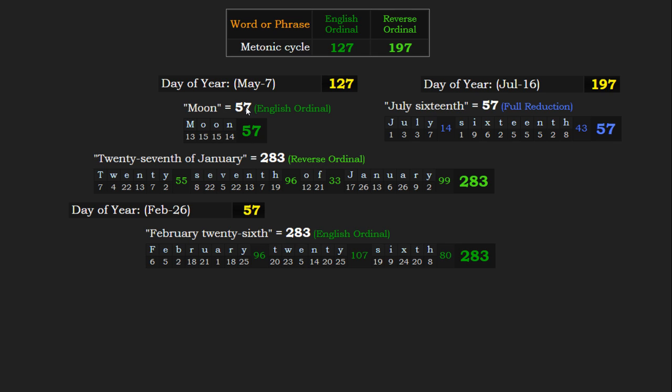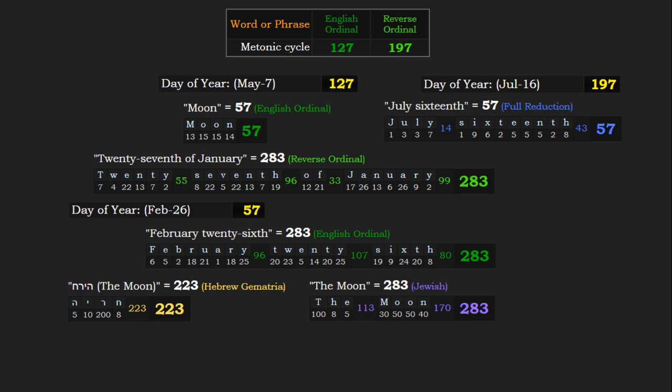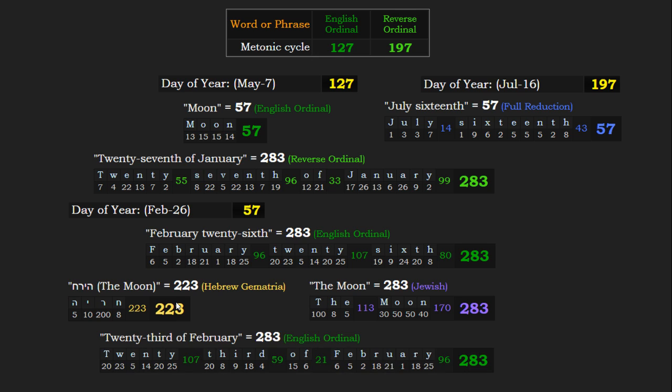Remember, moon equals 57. In Jewish gematria, the moon equals 283. In Hebrew, the moon equals 223. And think about the date written 2/23. 23rd of February in the English alphabetic order sums to 283.